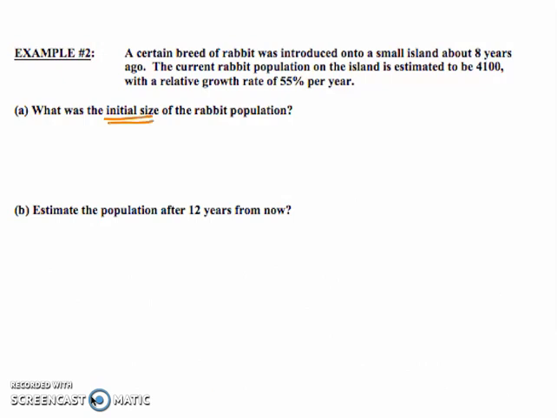This time we're going to be solving for that n naught in the equation. Well, we know that our model looks like this. N of t is equal to n naught times e to the rt power. So the current population is 4,100. We don't know n naught. We're trying to solve for it.